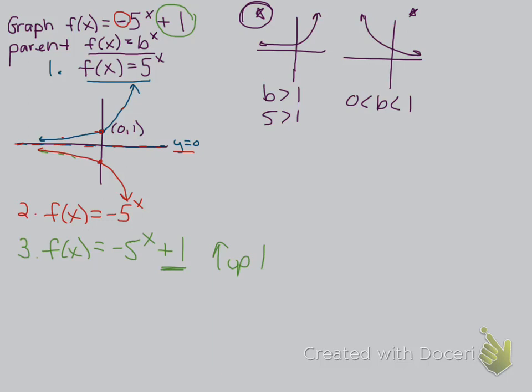When we move that up 1, we're going to be moving up our horizontal asymptote. So our new horizontal asymptote then is at y equals 1. We'll move this point here, that 0, -1 is now 0, 0, and we'll move all our other points up, and our final graph is the green one.